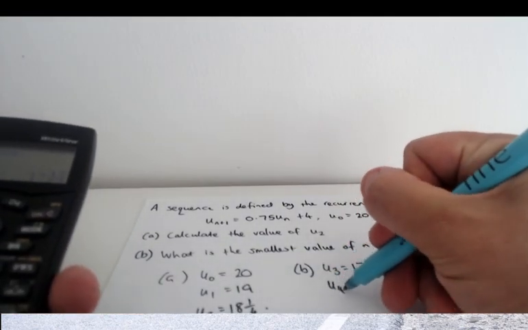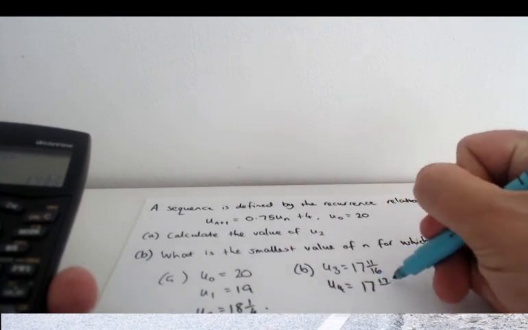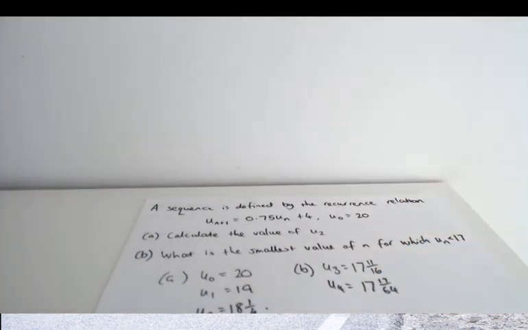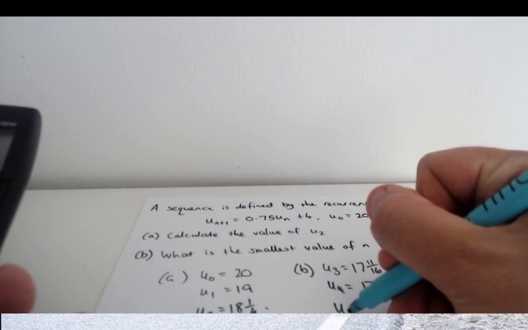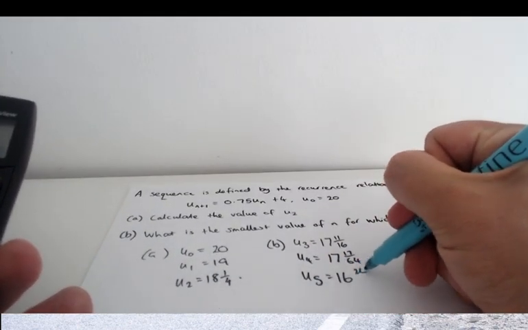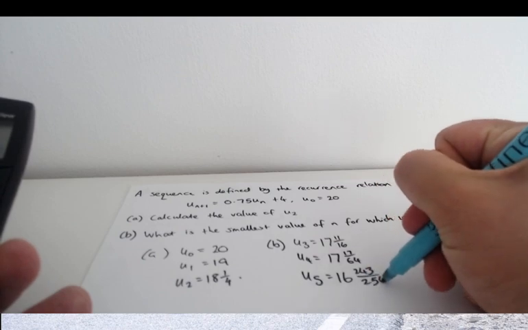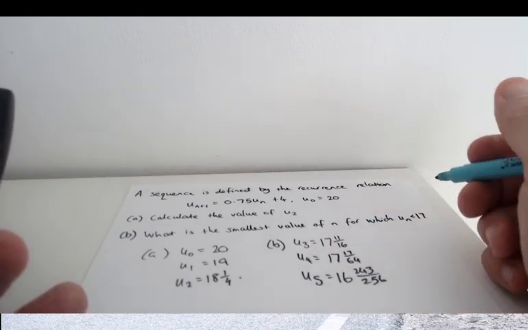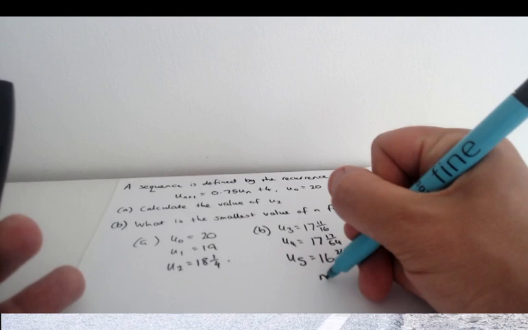U4 is 17 and 17/64, and U5 takes us into the 16s. So the first one, the smallest value of n equals 5.